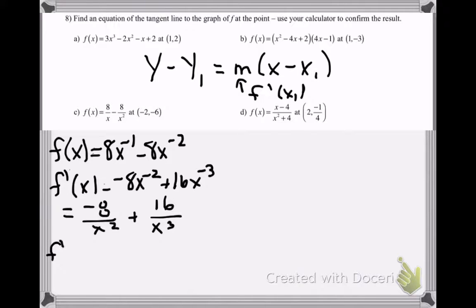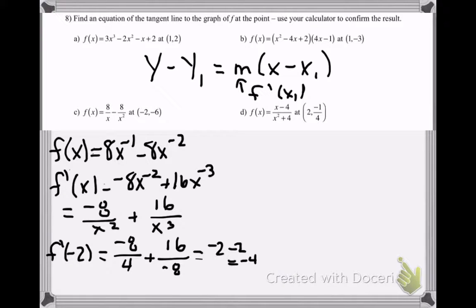Okay, next step is to get the specific slope at negative 2. So I'm going to plug in negative 2 into both of these. So negative 2 squared is 4. And negative 2 cubed is negative 8. So from there I get negative 2 minus 2, which will be negative 4. So that's my slope. So to get my tangent line, I'm just going to plug this point, negative 2, negative 6, and that slope, negative 4, into my point-slope form.